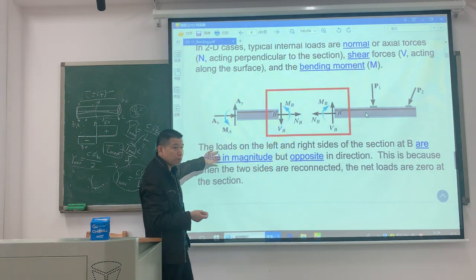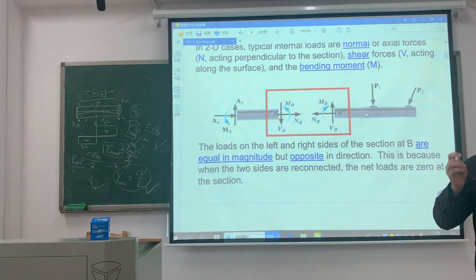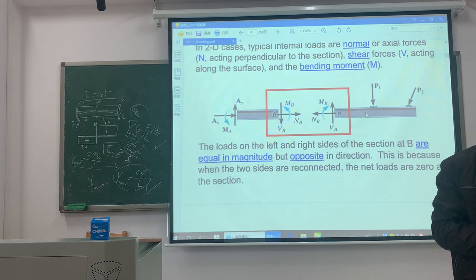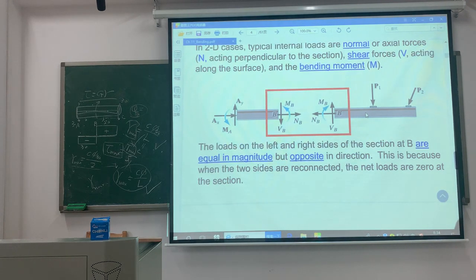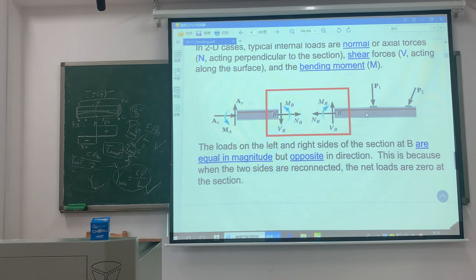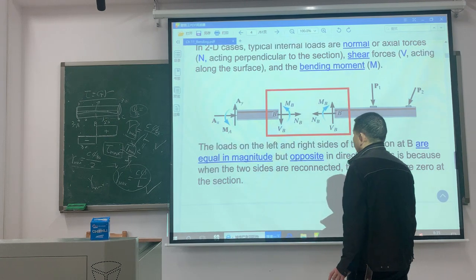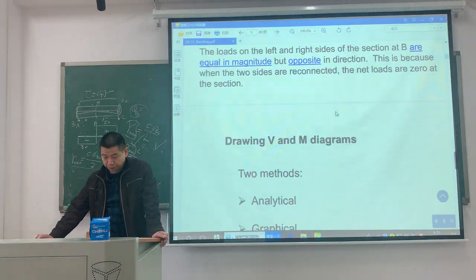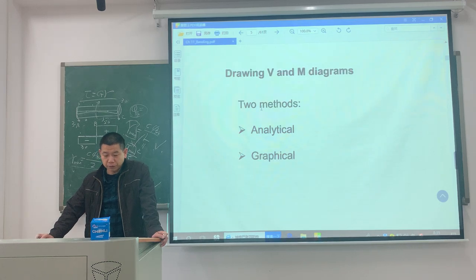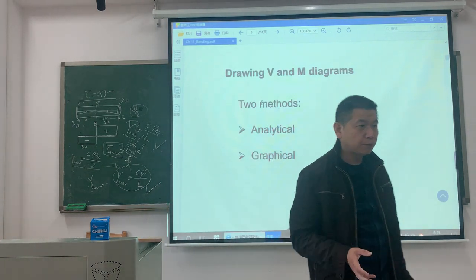So for a beam it is the same. If you want to find the maximum stress, we have to know where is the maximum moment or shear force. So we have to find the diagram of bending moment and shearing force.